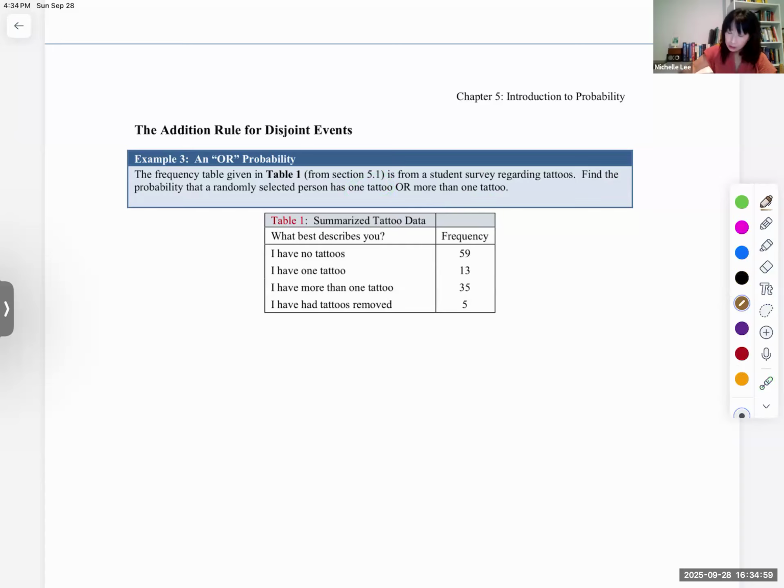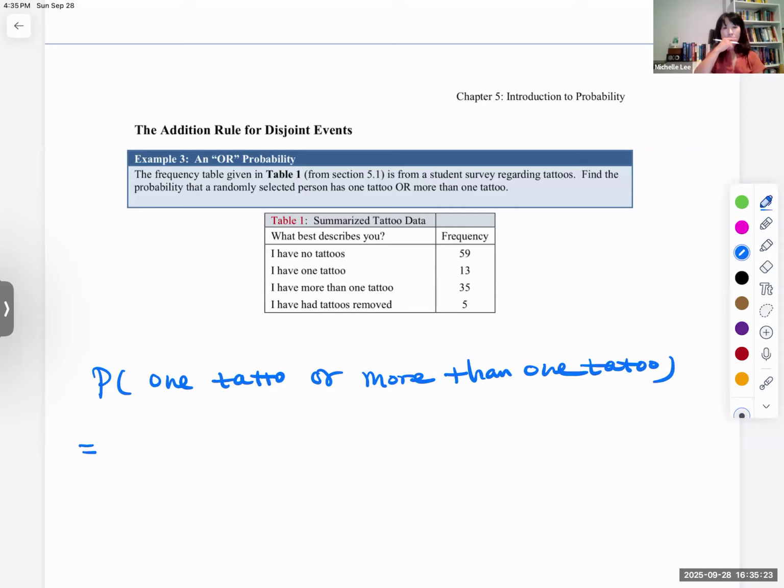Okay, so let me write down, what's the probability of having one tattoo or more than one tattoo, right?